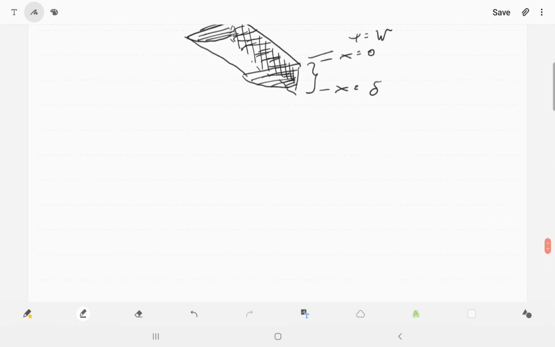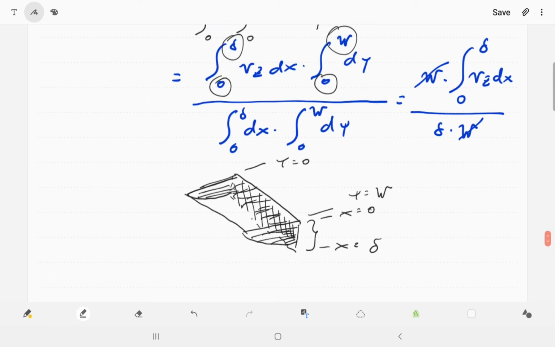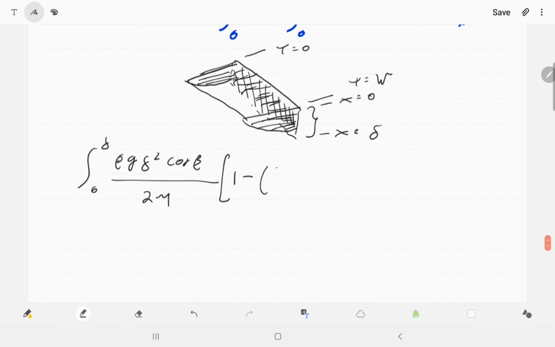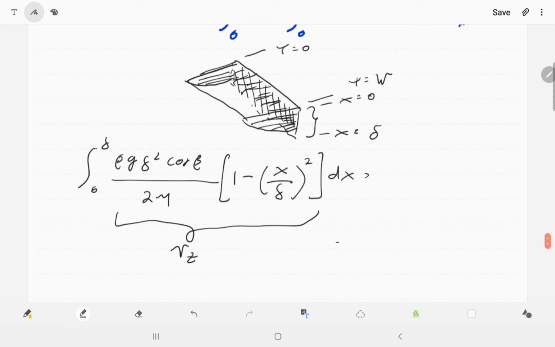So now we need to find this quantity in here. Okay, this quantity is very important, so we need to find it in order to find the average velocity. So this will be equal to rho g square cos beta divided by 2 mu, 1 minus x, dx. And note that this one is basically Vz.